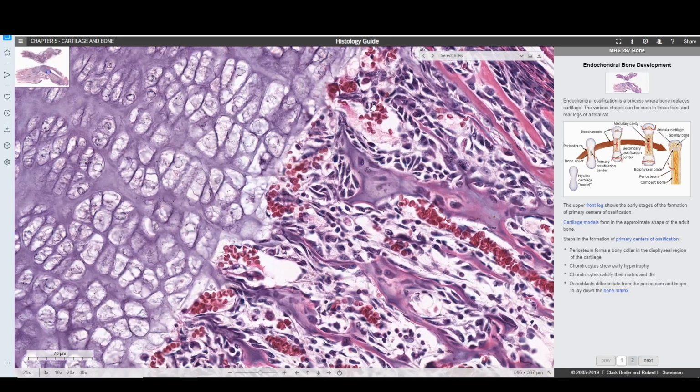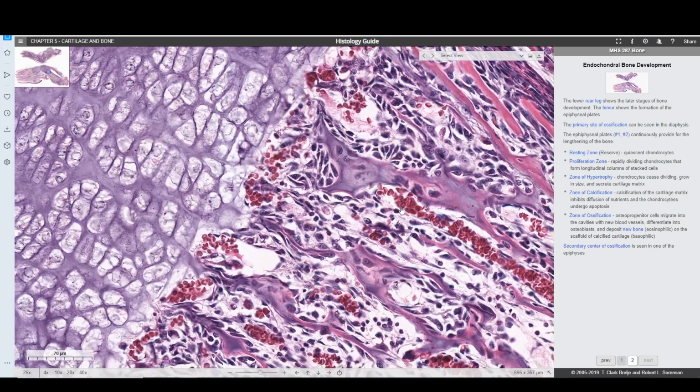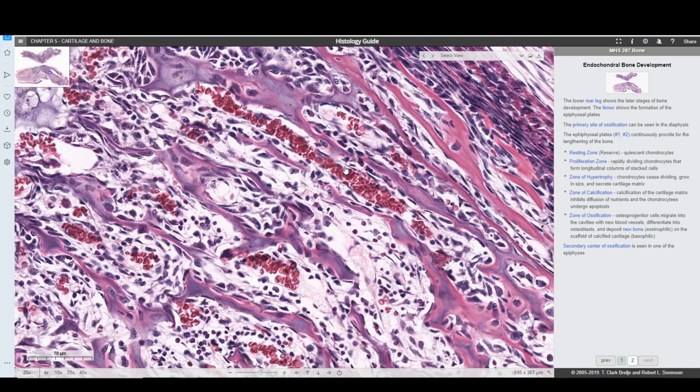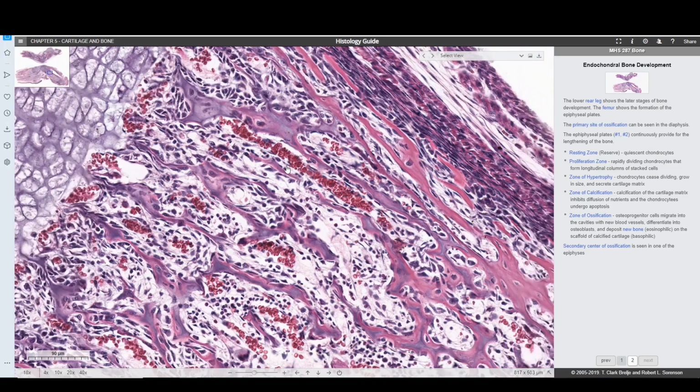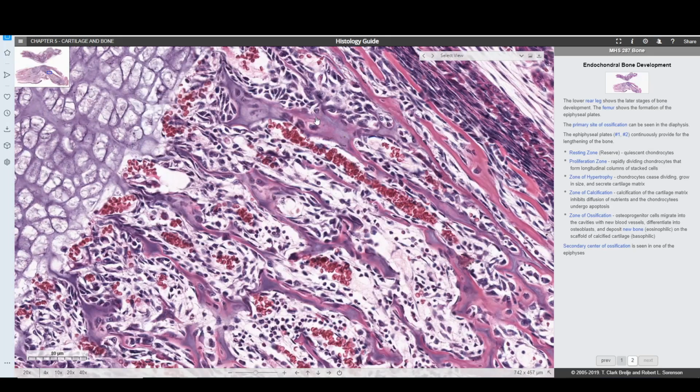And then of course we have the zone of ossification. In this case we can see that this is nothing more than vessels. Of course this area is highly vascularized because we need an increasing amount of energy, minerals, oxygen and nutrients. So in this location we can find three different characteristics.